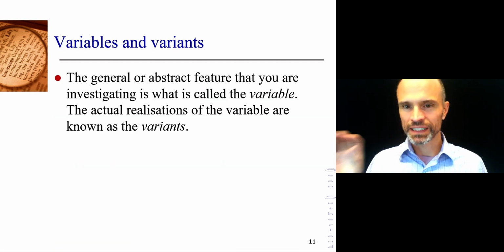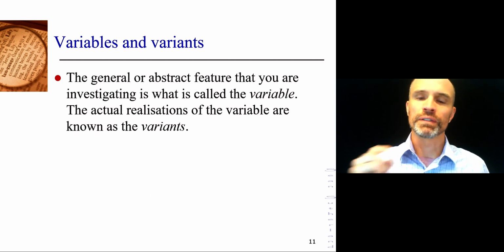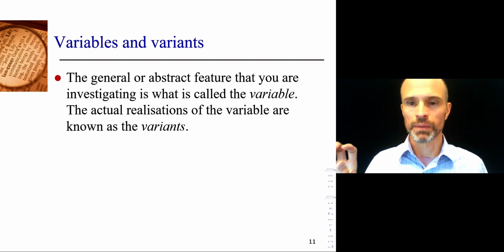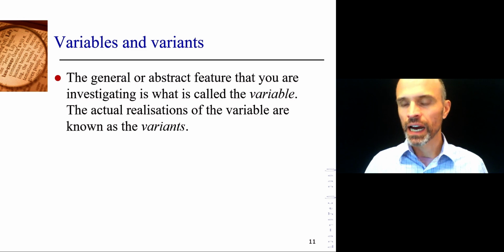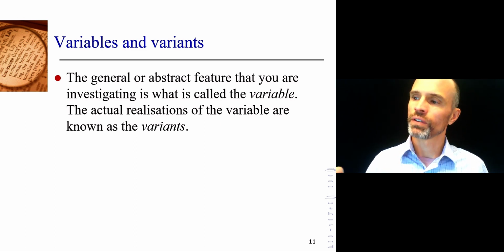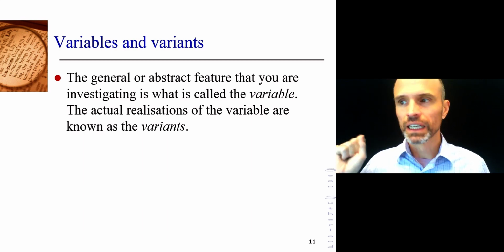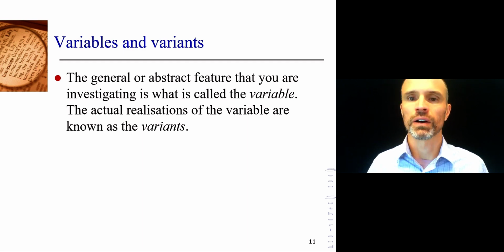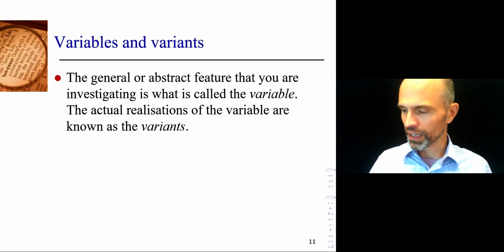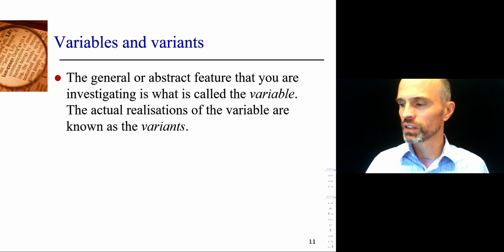So to summarize that, right, the feature that you're investigating is the variable. I'm investigating this letter T, I'm investigating this syllable ER, and I want to know what's going on here with this variable. I hear you say a T or D or a glottal stop. I hear you say one or the other, and I say, aha, she is using the variant, or he is using the T variant.